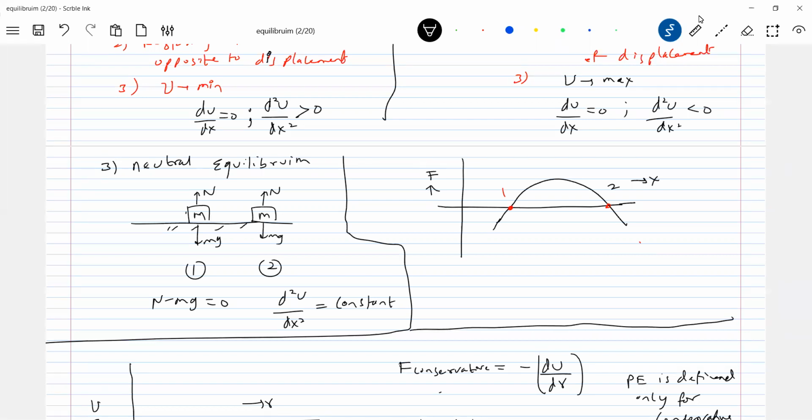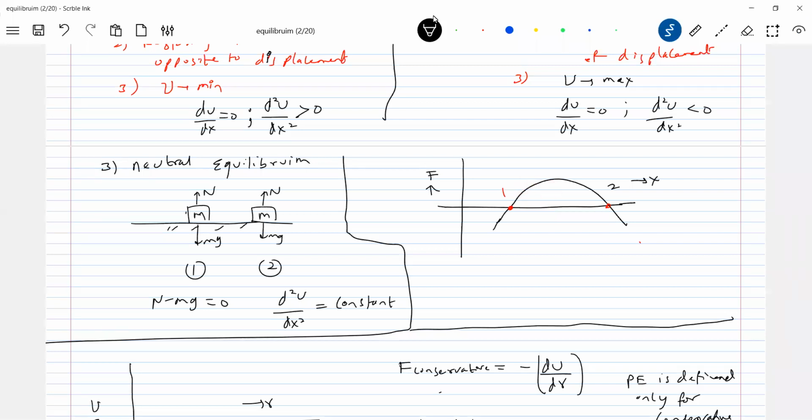Now look at that one. At 1, if I displace the body towards right, what is the direction of displacement? Towards right. And how is the force? F positive means the force will act towards right. F negative means the force will act towards left. Here if I slightly move the body towards right, then the force will become positive. Positive means the force is acting towards right.